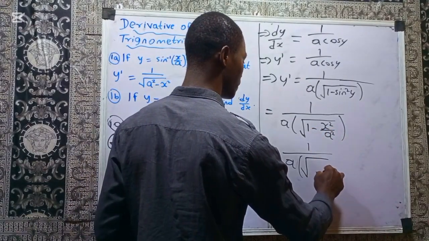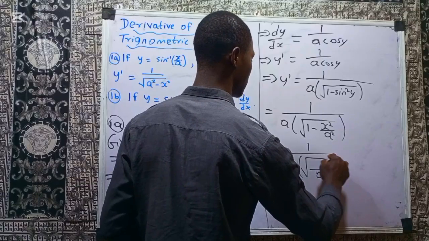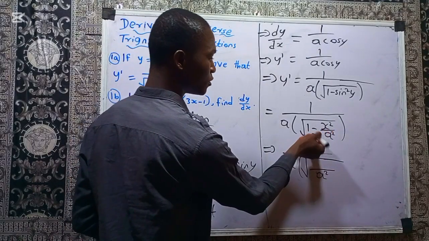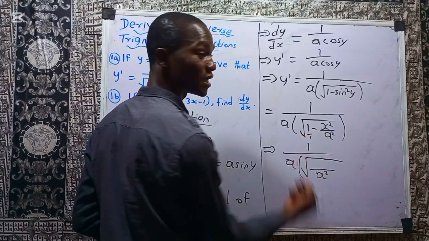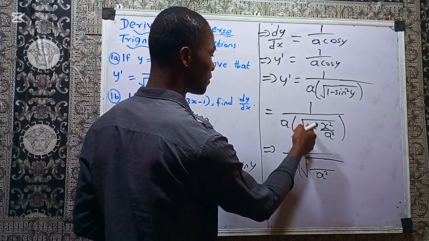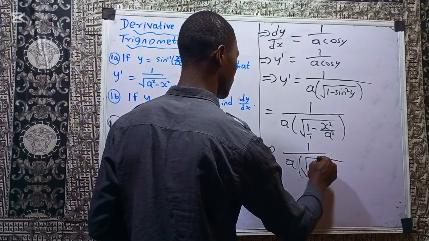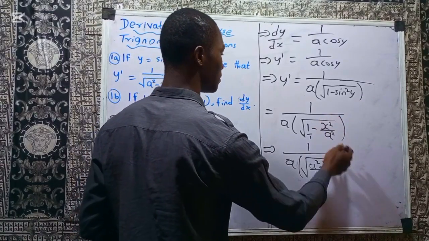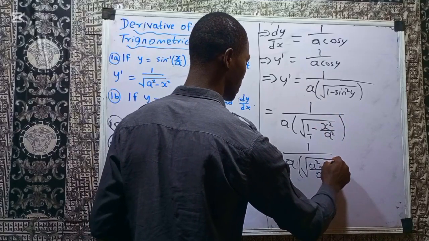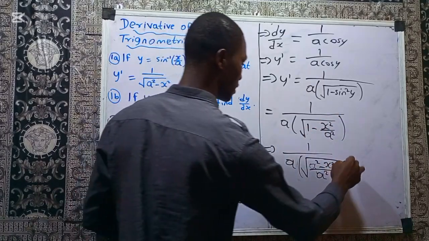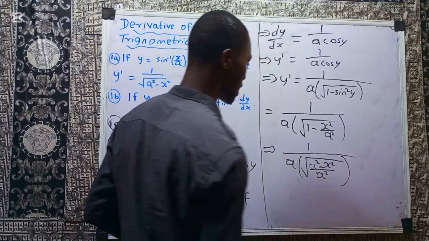So 1 is the same thing as 1 over 1, so 1 divided by a squared, we have a squared, multiplied by 1, we have a squared, minus a squared divided by a squared once multiplied by x squared, we have x squared. So with this we have solved the fraction, and this is what we have.